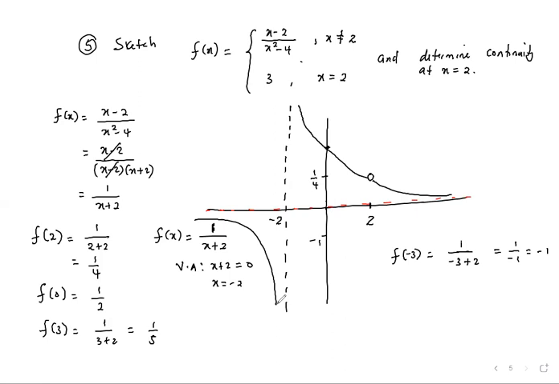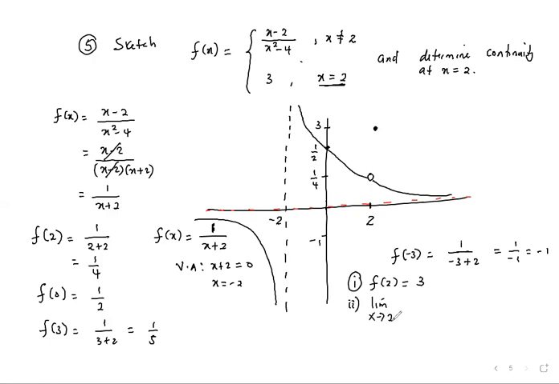Now, look, this thing was defined as, when you get f at x is equal to 2, it's giving us 3. So it's open at 2, 1 over 4, but it's closed at 2, 3. Remember this was a piecewise function. Now, if you want to check if it's continuous, the conditions are that f of 2 should be defined, and for sure it's defined as 3. Then you need to find the limit as x approaches 2.